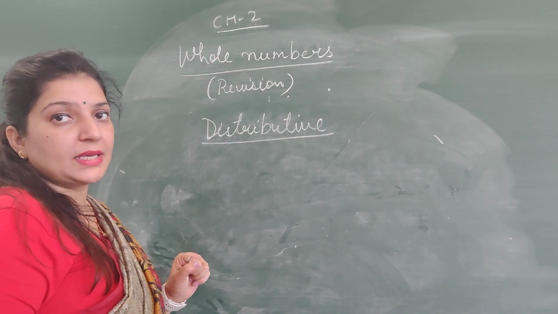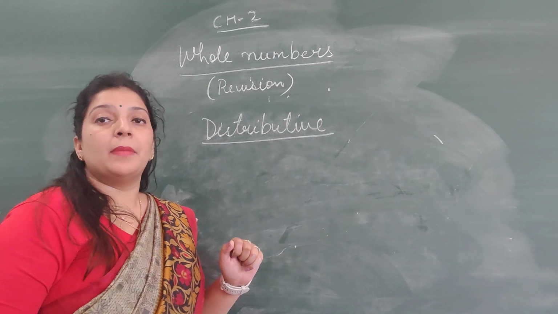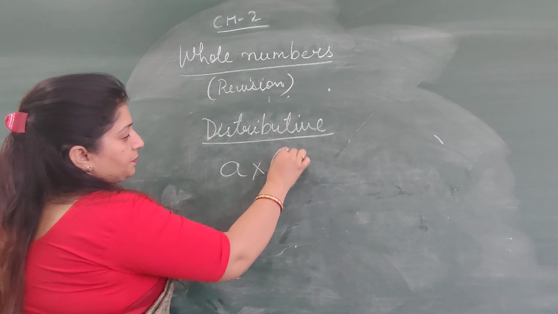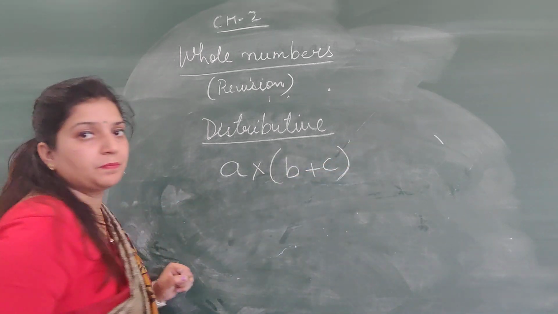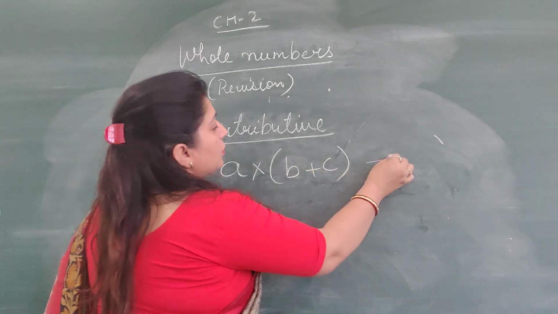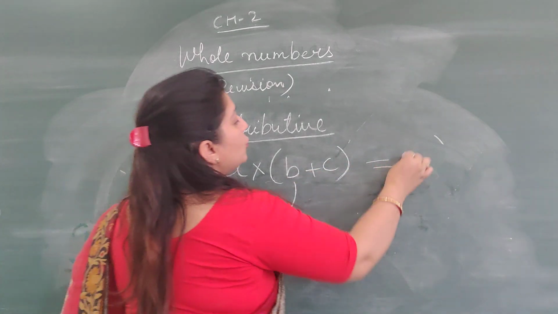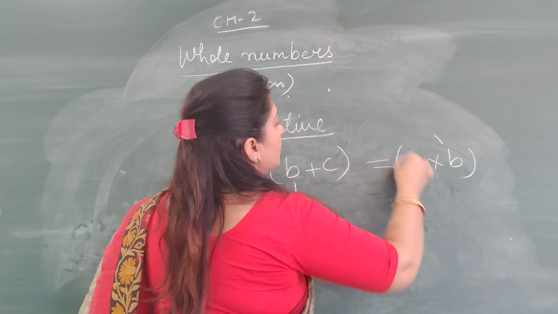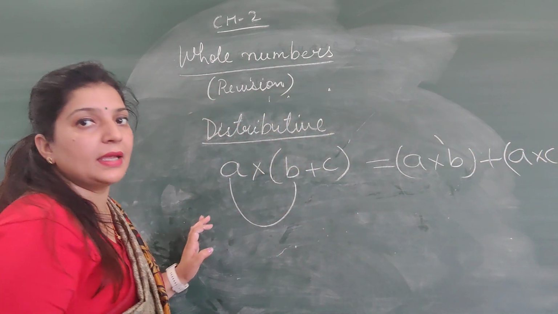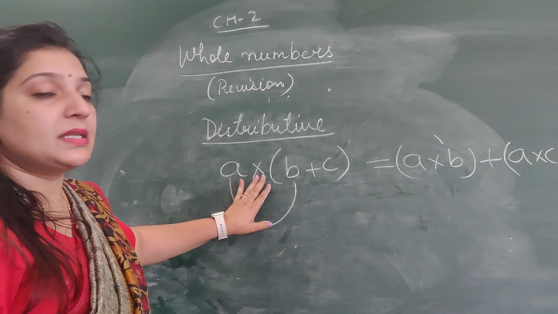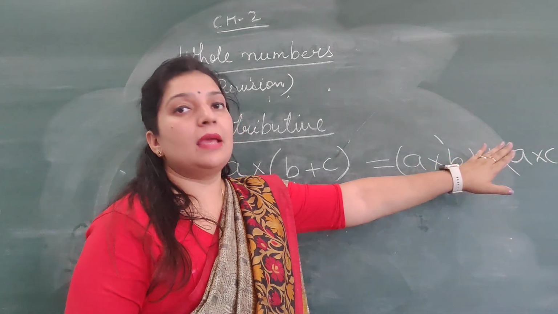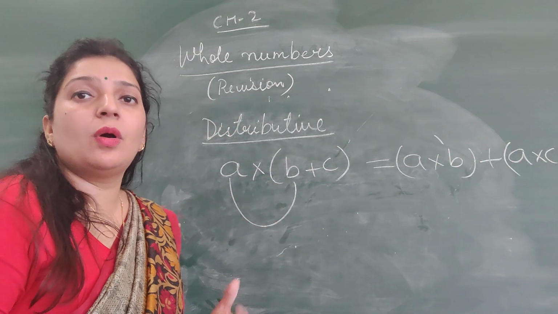Now, distributive property says this is basically multiplication over addition. A multiplied by B plus C is equal to A into B plus A into C. Why are we calling it distributive?